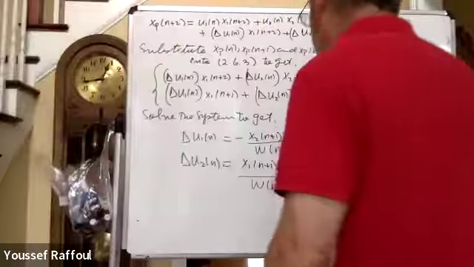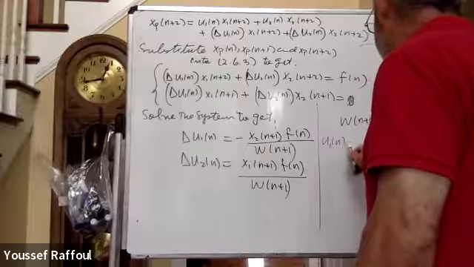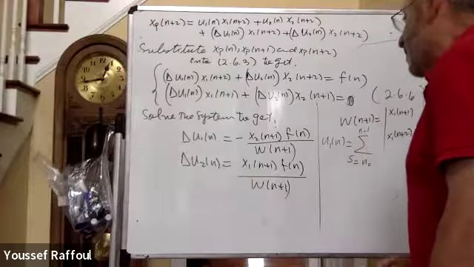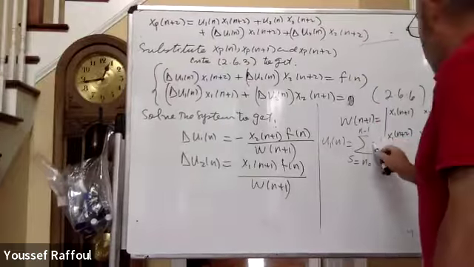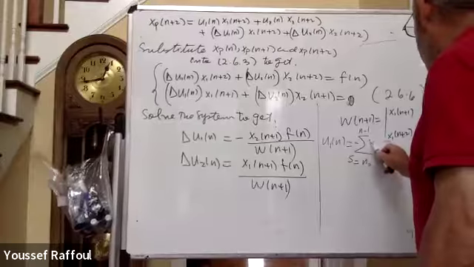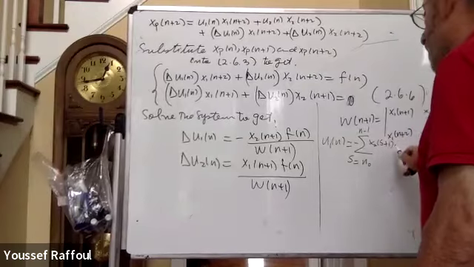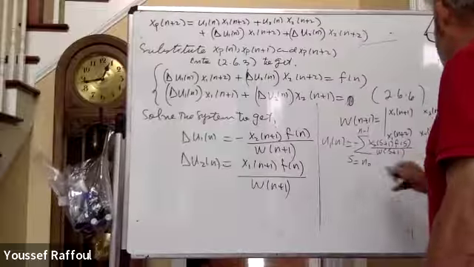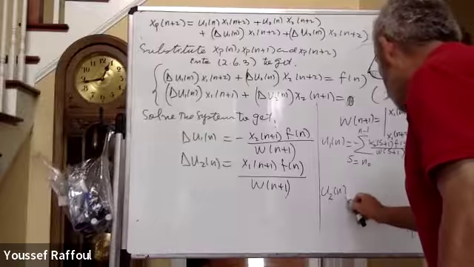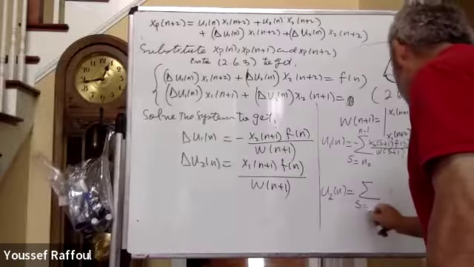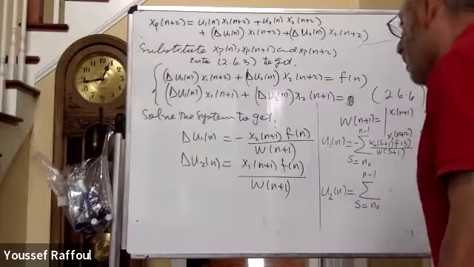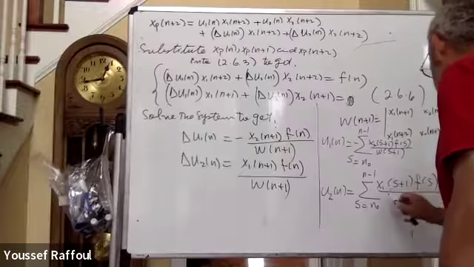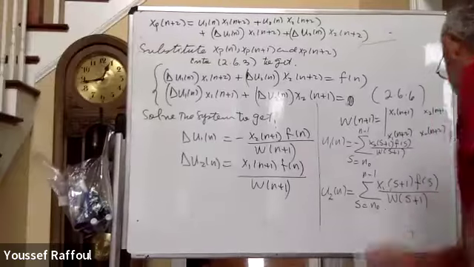In other words, u1 of n equals the sum for s equal n0 to n minus 1 of minus x2 of s plus 1, f of s over w of s plus 1, and u2 of n equals the sum for s equal n0 to n minus 1 of x1 of s plus 1, f of s over w of s plus 1.